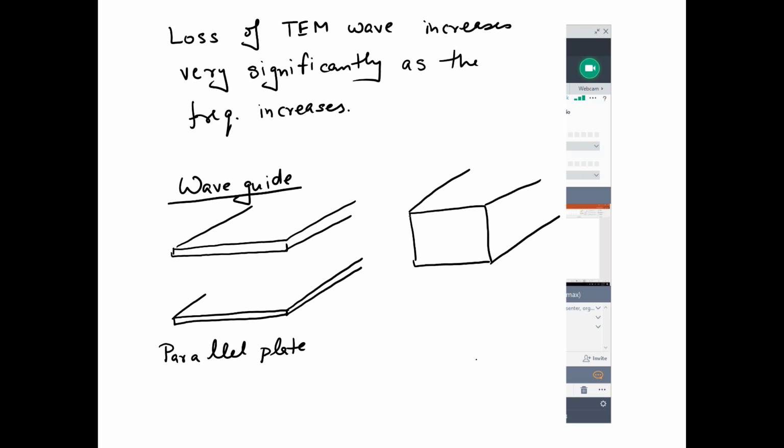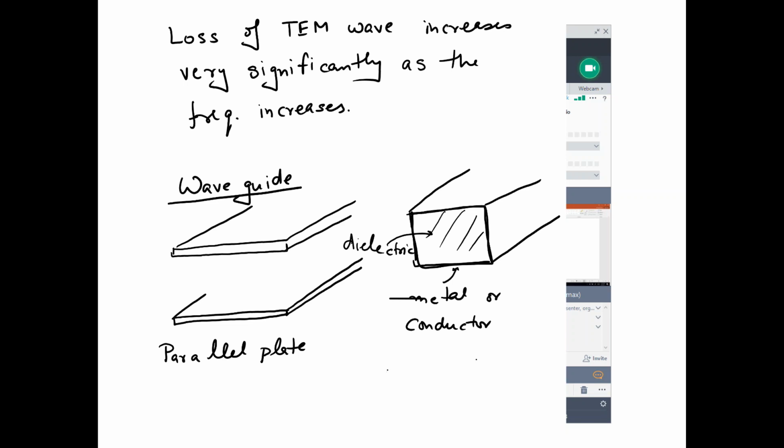Basically, we have a rectangular structure, a rectangular metal, a conductor, with some dielectric in the middle, and we see how we can confine an electromagnetic wave within the structure. What are the rules for that? What kind of structures do we see?